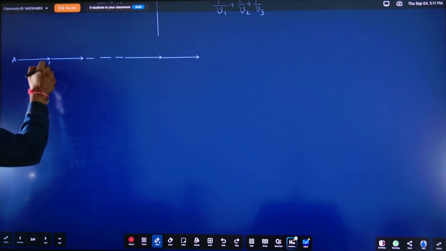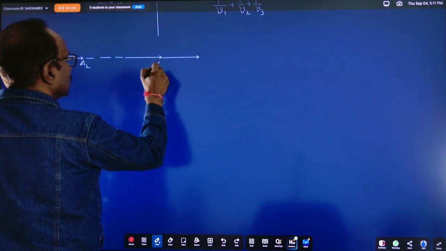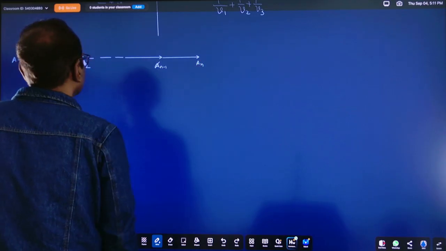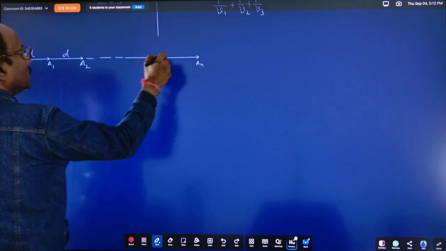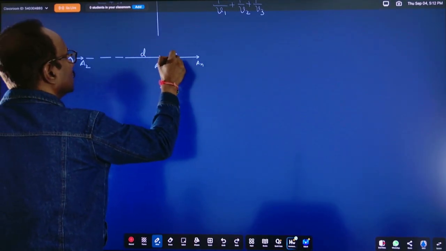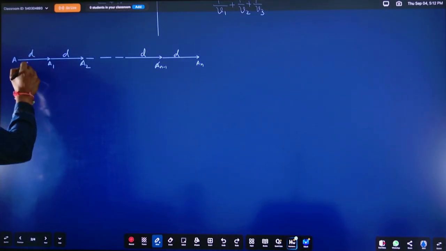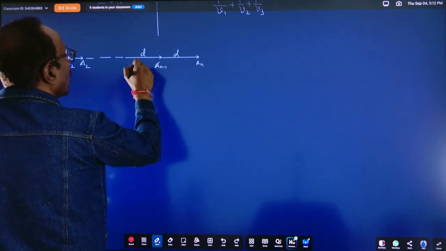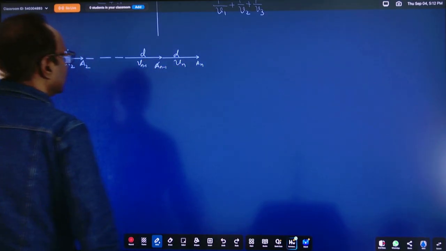A point, A1, A2, this is An minus 1, An. D distance, D distance, D distance, D distance, with velocities V1, V2, Vn minus 1, Vn.